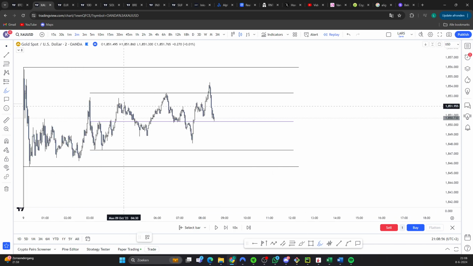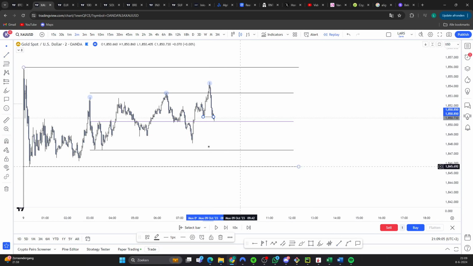Could have an internal Wyckoff here. We do have a nice demand zone here.